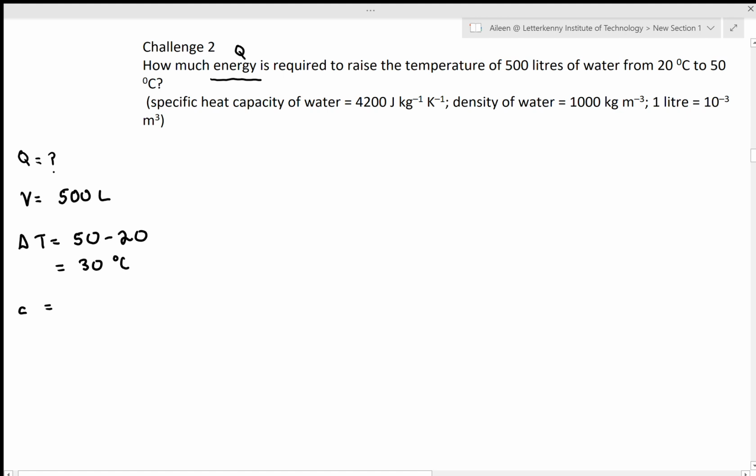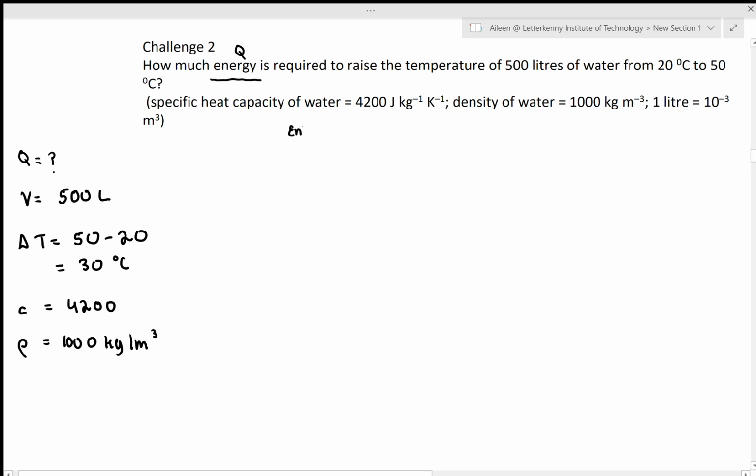I'm also given my specific heat capacity of 4,200. I'm given my density of water of 1,000 kilograms per meters cubed. And I'm told that 1 litre is equal to 1 by 10 to the negative 3 meters cubed. Okay, so I want to find the energy for a change in temperature.